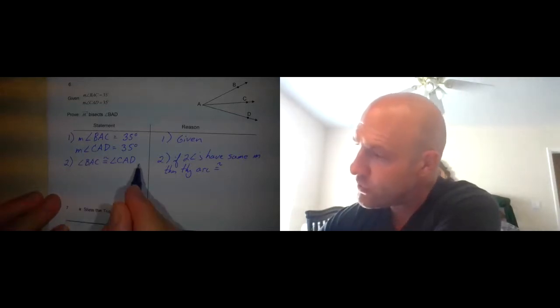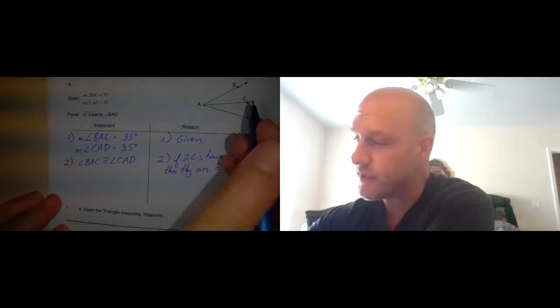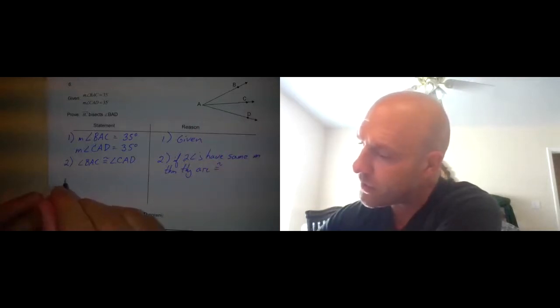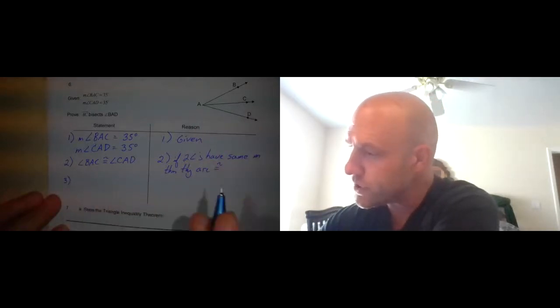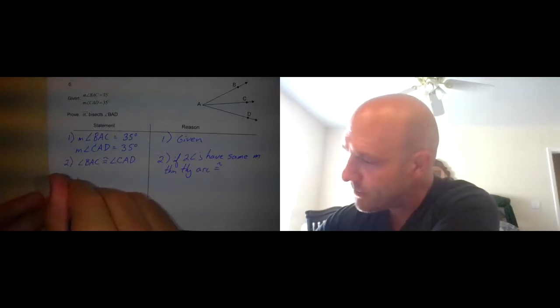Now that these two consecutive or adjacent angles would be a better way of saying it, are congruent, I know that the larger angle got bisected. I'm going to copy down exactly what it is that I'm trying to prove.